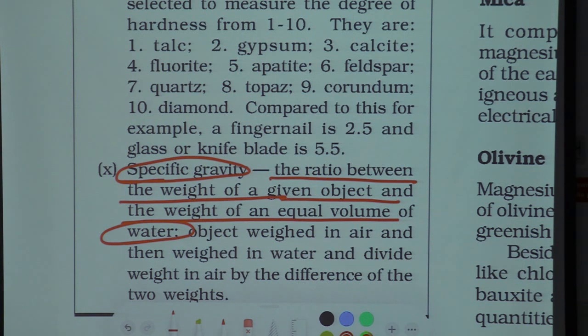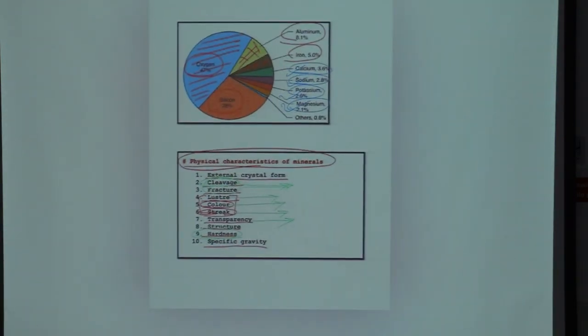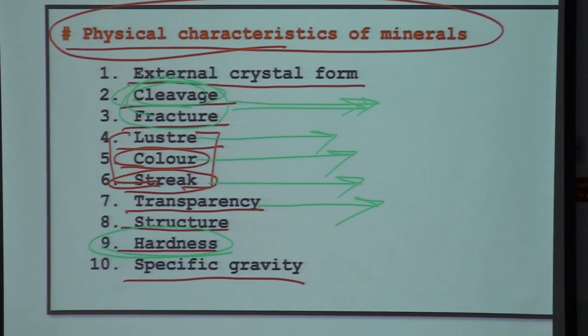If you try to take this and apply it, which are the constituents that we see when it comes to the physical characteristics of minerals?